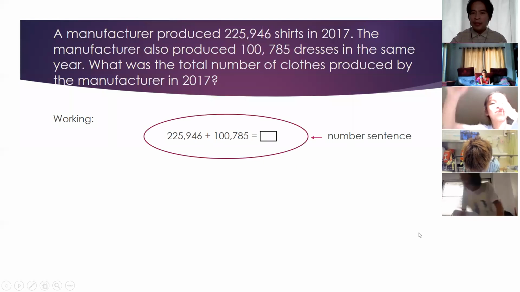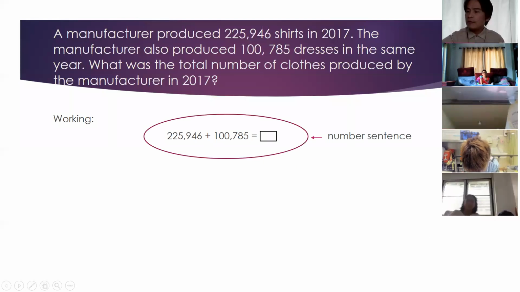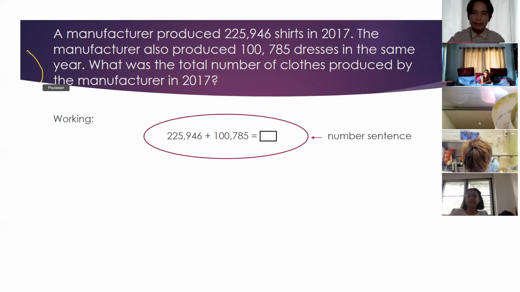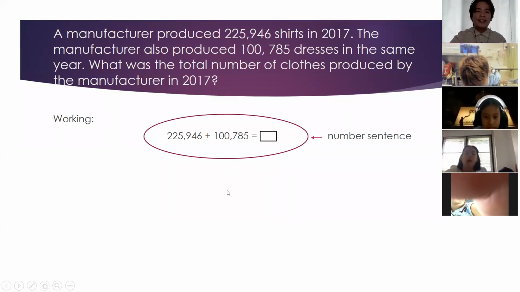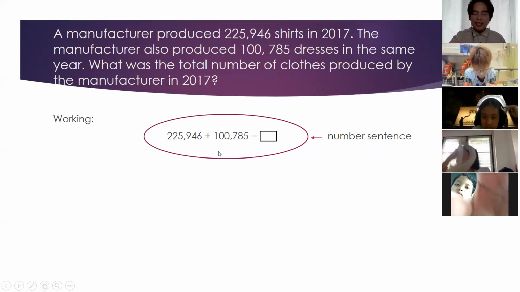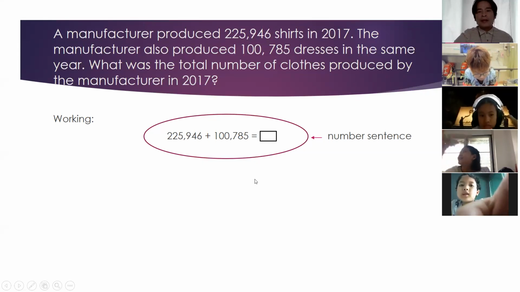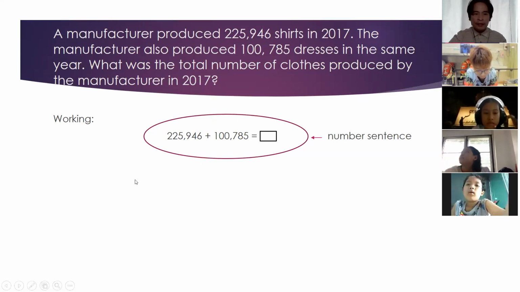Everybody say number sentence. Number sentence. Yes, this part is called the number sentence. This is very important because this number sentence tells us what to do, or this number sentence is our guide in solving or in doing the working.